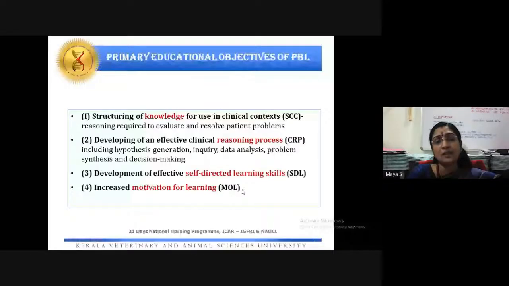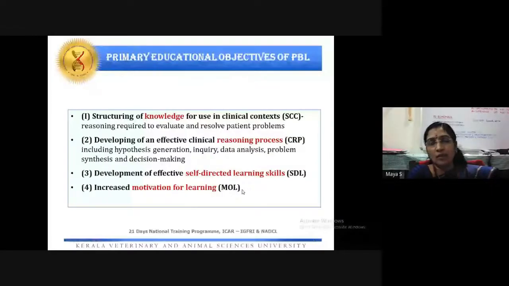So what are the educational objectives? That is, what are the teachers' objectives for implementing problem-based learning? See, as Howard Barrows introduced this problem-based learning, I told you that was to a group of medical students. So here we use some terminologies in connection with clinics.